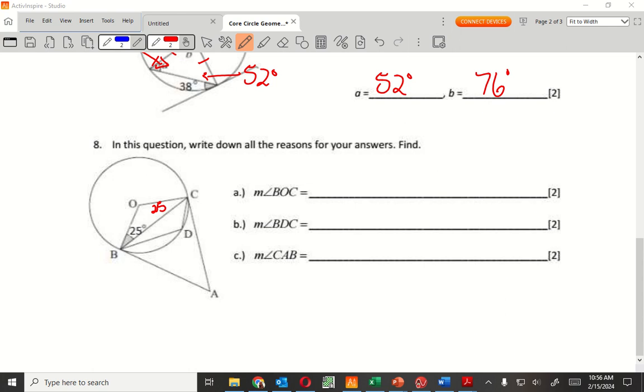Okay, so now let's look right here. This thing right here looks like a tangent, and it's touching right there. Do we have a question in my notes that looked almost exactly like that? Yes, you do. I cannot find it. Okay, this one's actually referring to angles now.